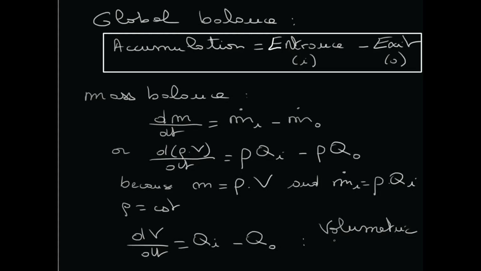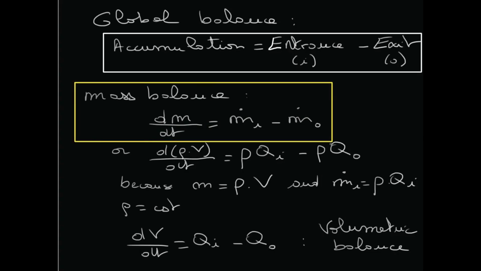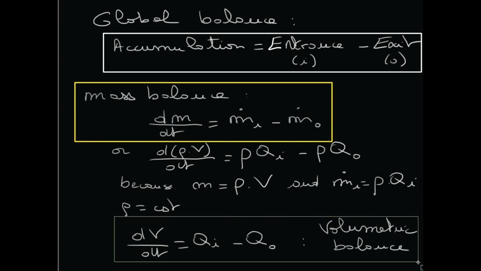It is a volumetric balance. So we can change a mass global balance into a volumetric global balance. In a global balance, we are speaking about all the flow and all the volume, the material inside of the reactor.